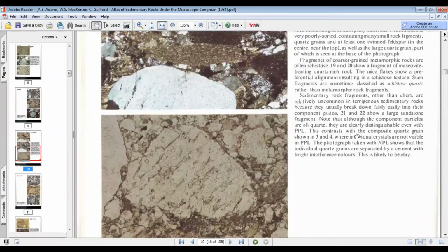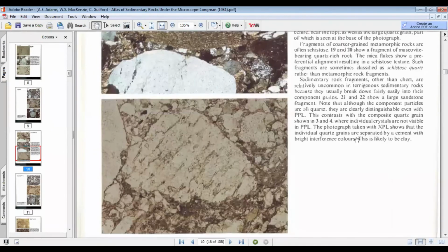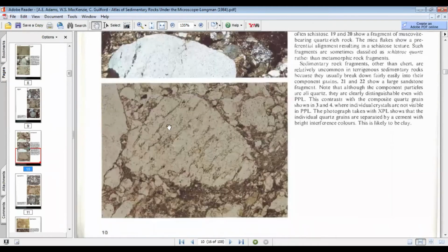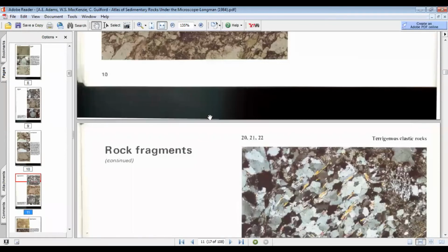Sometimes we have composite grains of quartz, as we can see in the next thin section. In plane polarized light, you can see that there is a big quartz mineral, but you cannot make out the details.